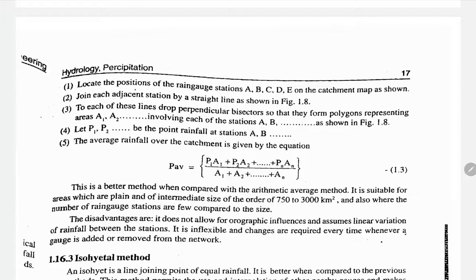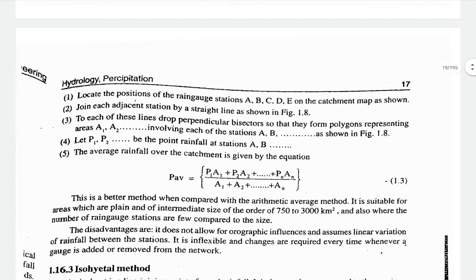The main disadvantage of this method is that it does not allow for orographic influence and assumes linear variation of rainfall between the stations.